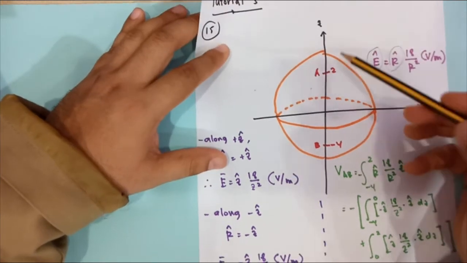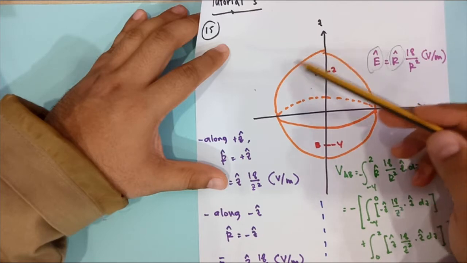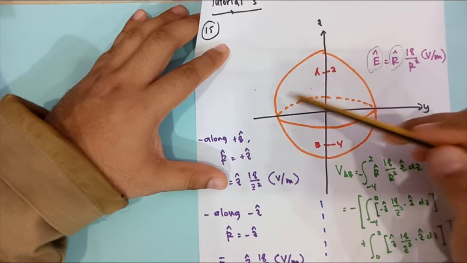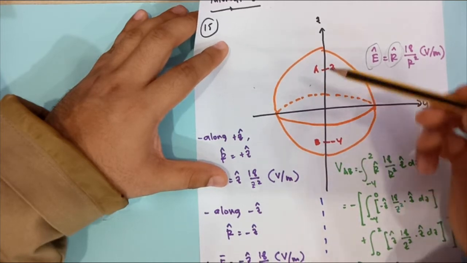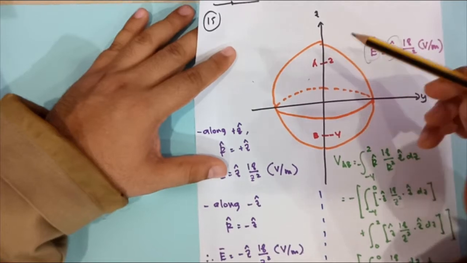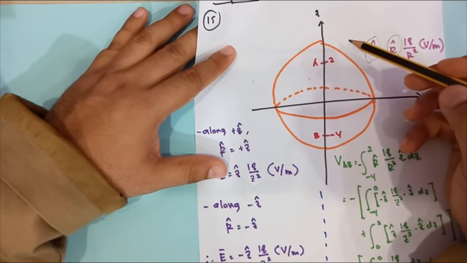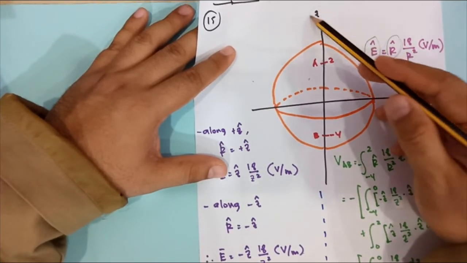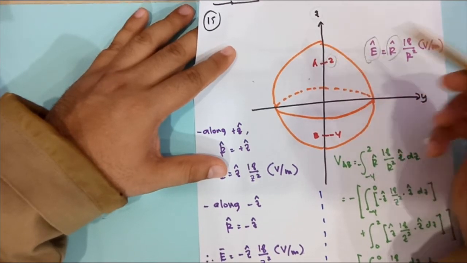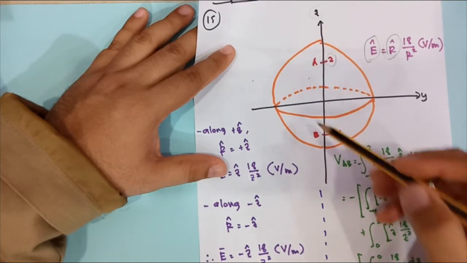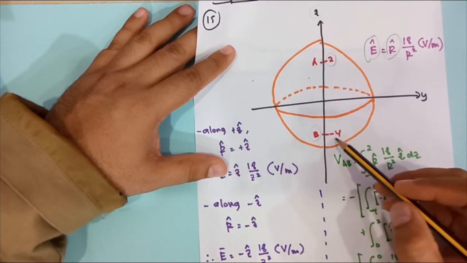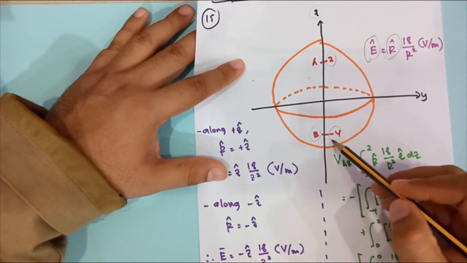So we have the electric field intensity in a spherical shape here, and then we need to determine the electric potential difference between point A, which is located on the z-axis with coordinate equal to 2, and the second point, point B, which is located at -4 from the origin.